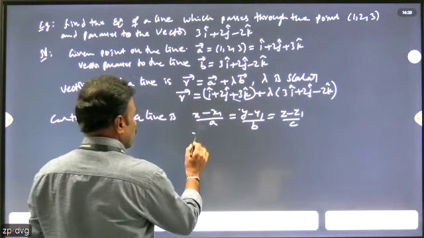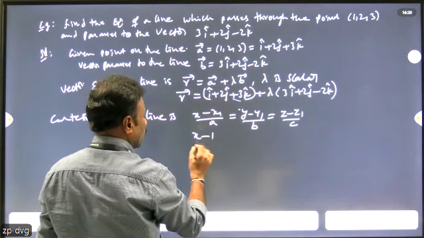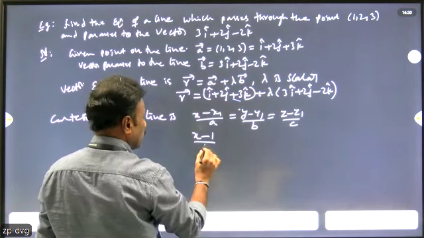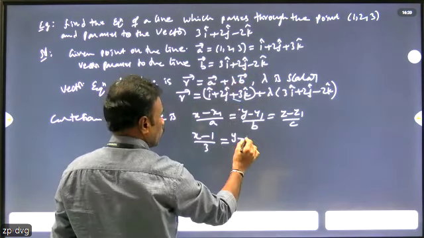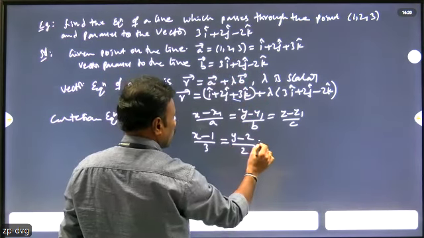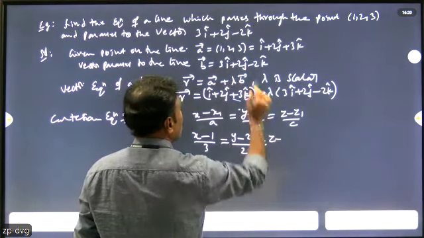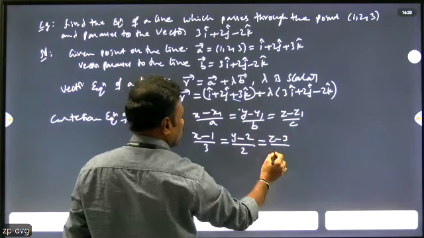You will get the equation of the line in Cartesian form: (x minus 1) by 3 is equal to (y minus 2) by 2 is equal to (z minus 3) by minus 2.